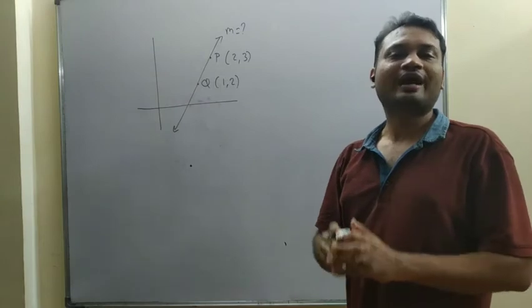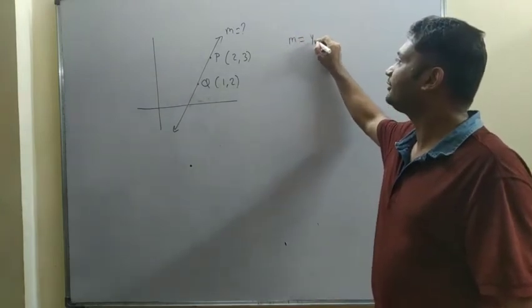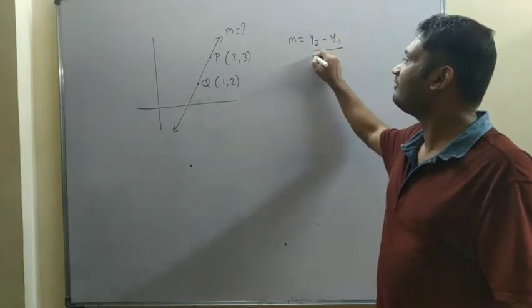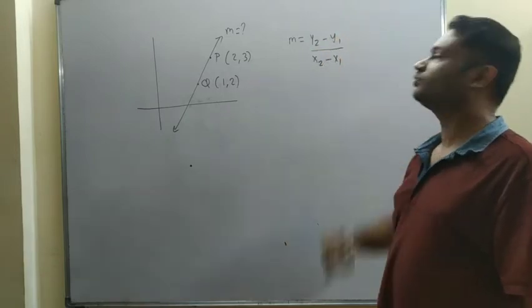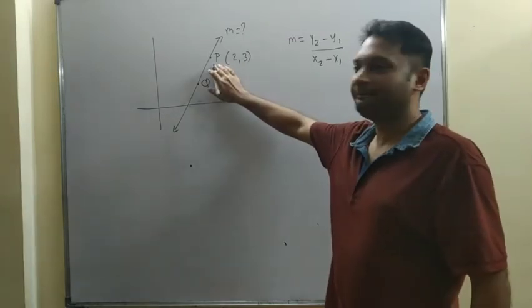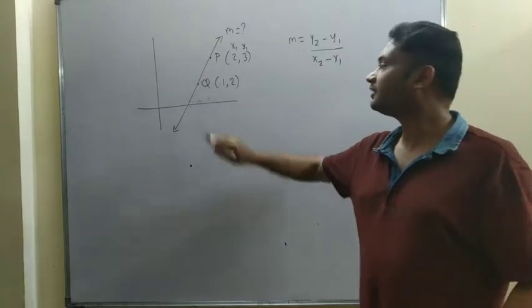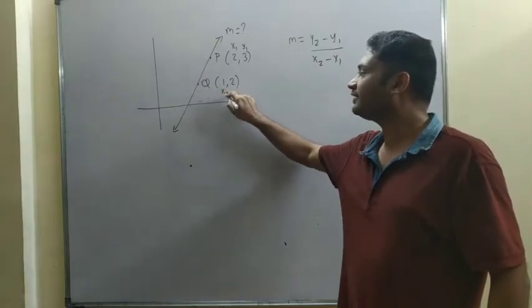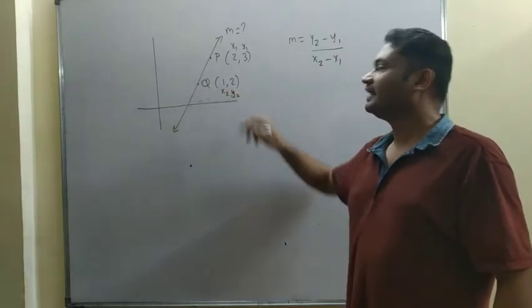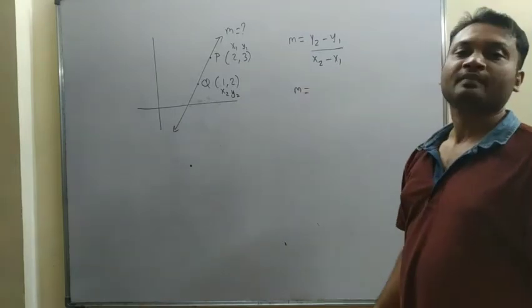So we will use our slope formula, which is m is equal to y2 minus y1 upon x2 minus x1. So let us say we call one point P having coordinate x1 y1 and another point Q having coordinate x2 y2.